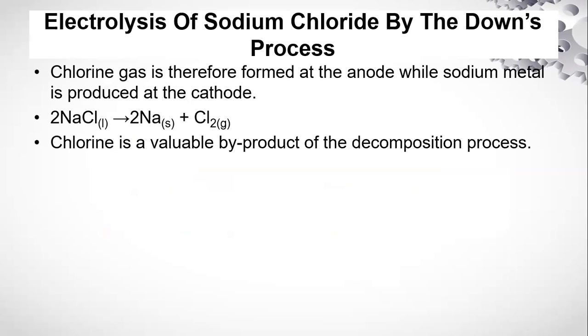The chlorine gas is therefore formed at the anode, while the sodium metal is produced at the cathode. As you can see here, this is how the reaction takes place. So this will be the result: sodium as a solid, and the chlorine gas will be liberated. The chlorine is a valuable byproduct of the decomposition process.